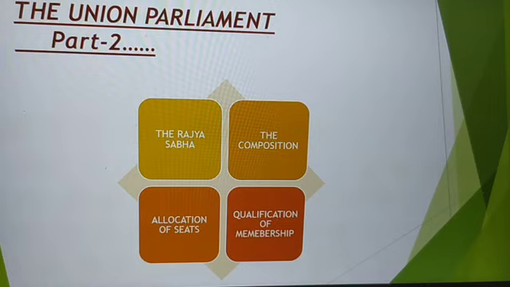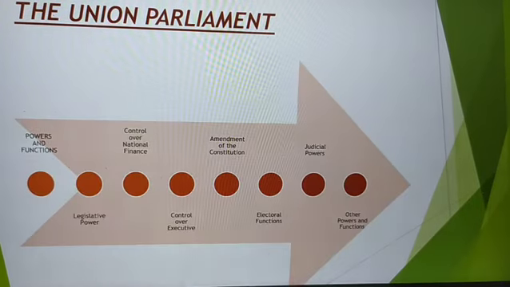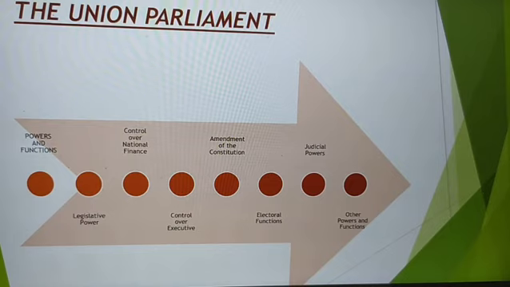Okay. Now regarding the powers of the Parliament, that is the next thing that we are doing. Yes, powers of the Union Parliament. The first thing is legislative power. Obviously, legislative power is the power related to making of laws.